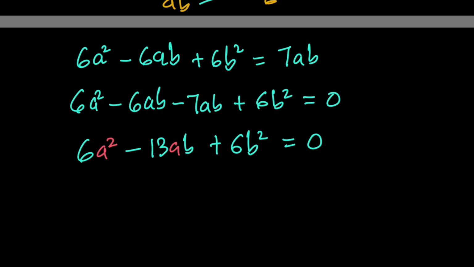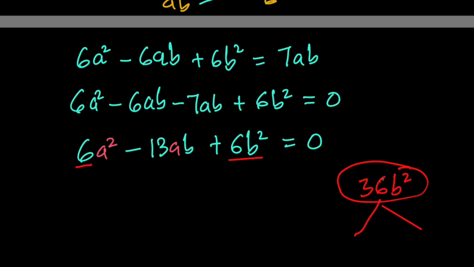So what I'm going to do is that I'm just going to take this coefficient and then multiply by this constant. So 6 times 6b squared is giving me 36b squared. Then from here, I look at two factors that their product will give me this value, but their sum will give me negative 13a. And what are these factors?